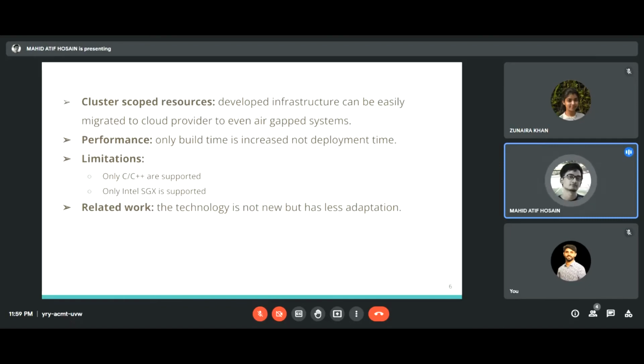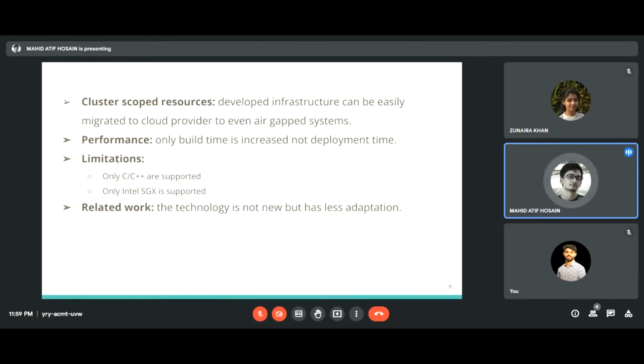This also means that our whole infrastructure can easily be migrated from a specific cloud provider to another without any delay. And we are even able to offer this service to air gap systems. This is very crucial for governments, where their infrastructure is highly secured and they deploy their systems in air gap systems.